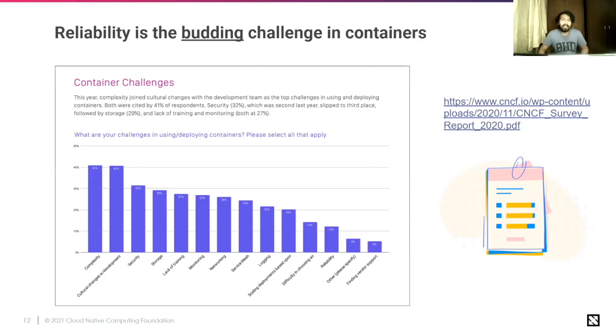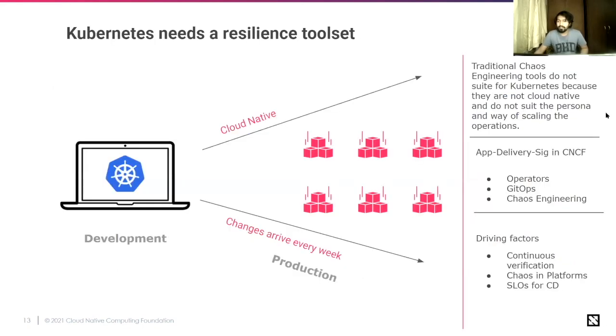Chaos testing, I must tell you, people, in spite of having so many testing principles into play, are still adopting chaos testing because of these challenges, because of how these challenges portray the overall containerization future. So for Docker containers, any container you're using, and Kubernetes itself, reliability is a budding challenge, and that needs to be catered to. And lastly, Kubernetes, as we mentioned, is a part of the cloud native space.